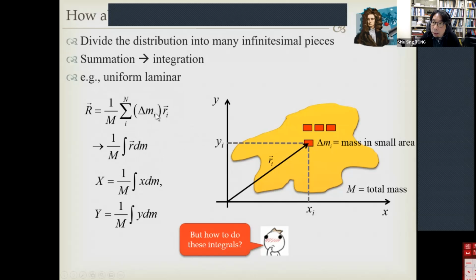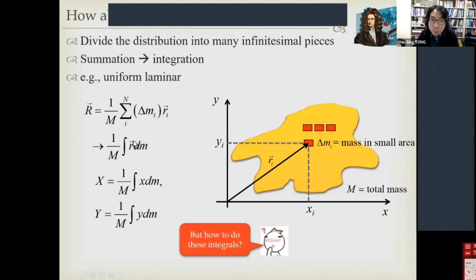Now we should notice that it is R dm, but not M dR, because dm refers to the small pieces of mass in the summation, and that is the integral variable to be integrated over. So we integrate R over dm, where R is the position vector.